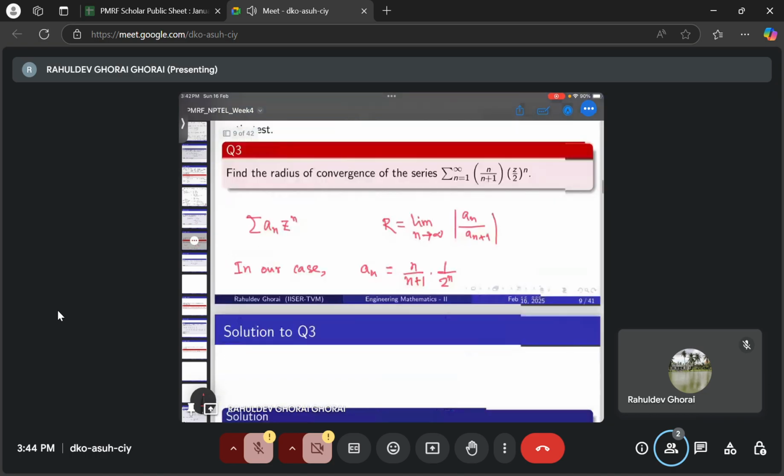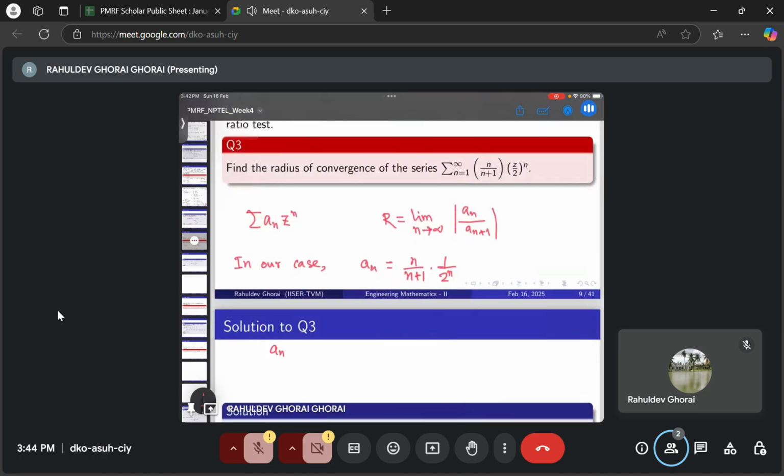Right? So what will be a_n over a_(n+1) will be n by n plus 1 times 1 by 2^n, that times 1 over a_(n+1), which will be n plus 2 by n. Am I doing correct?